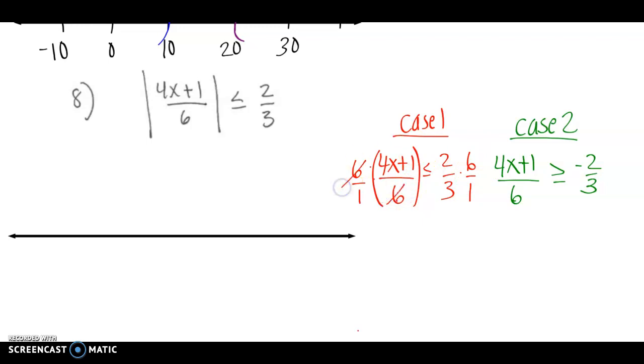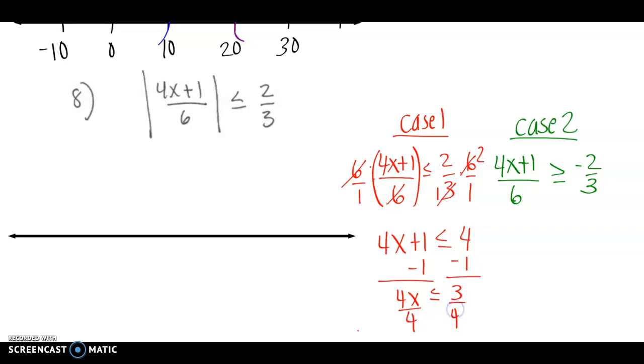When I multiply by 6 and divide by 6, the 6 turns into a 1, which leaves me with just 4x plus 1 is less than or equal to, and I'm going to simplify this first. 3 goes into itself once and into 6 twice. 2 times 2 is 4. Then I'm going to subtract 1 from both sides. I get 4x is less than or equal to 3. Divide by 4, divide by 4, and this is x is less than or equal to 3/4.